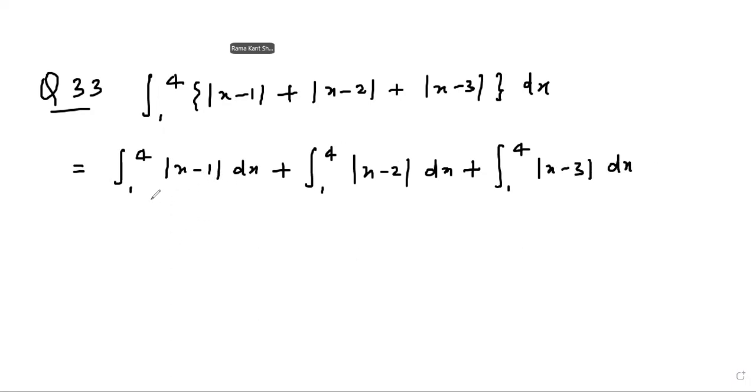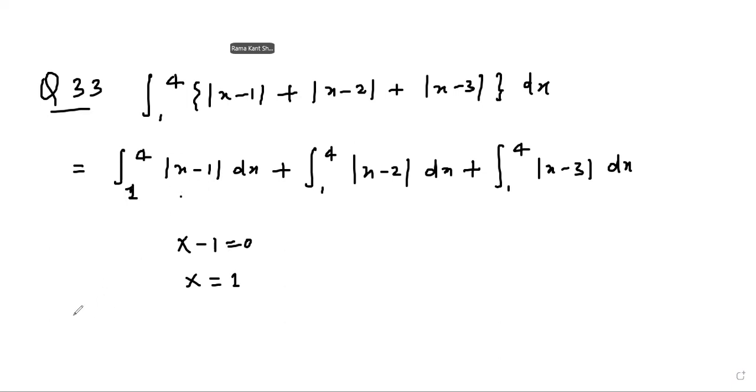This function will be negative. Here if we put value x minus 1 equal to 0, so we will get x equal to 1. Means below 1, this function will be negative. So since lower limit is 1, this function will never be negative.